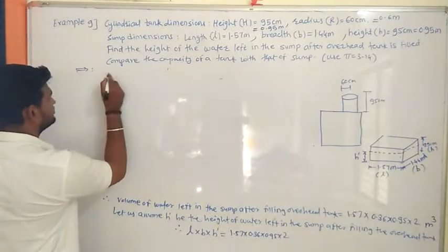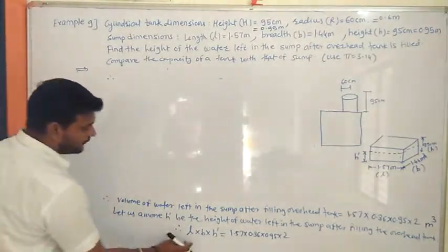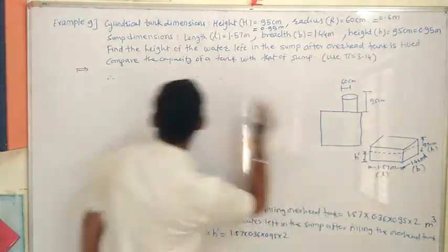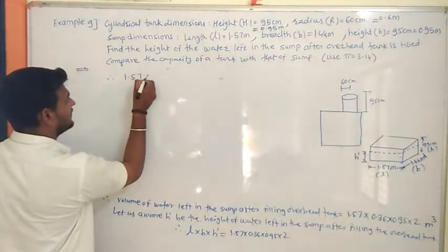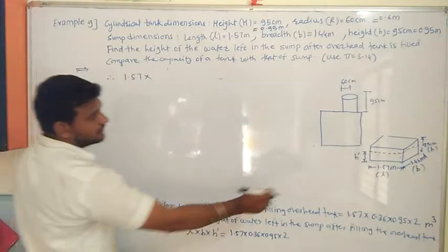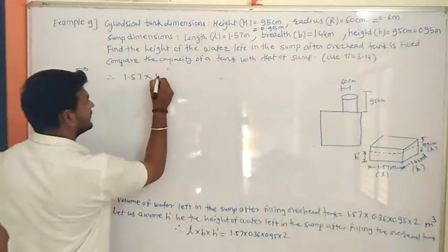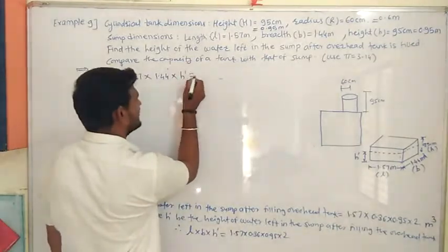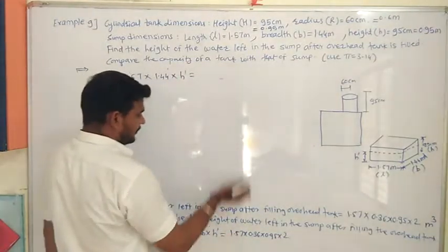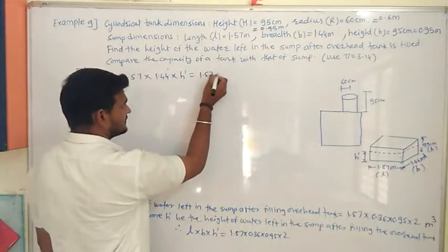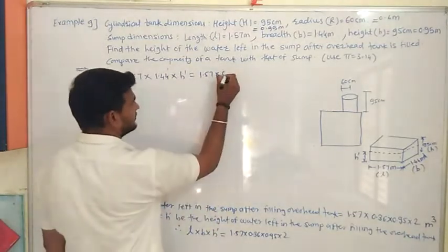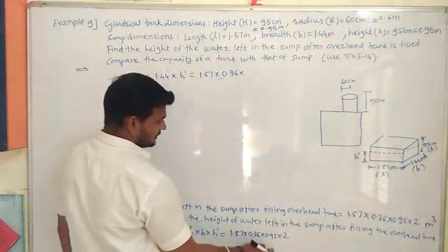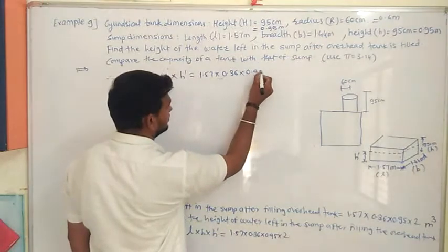Then therefore, what is the value of L? Length is 1.57 meter. Put here 1.57 into B. What is B? B is 1.44 meter. 1.44 meter into height H dash as it is, and volume is 1.57 into 0.36 into 0.95 into 2.